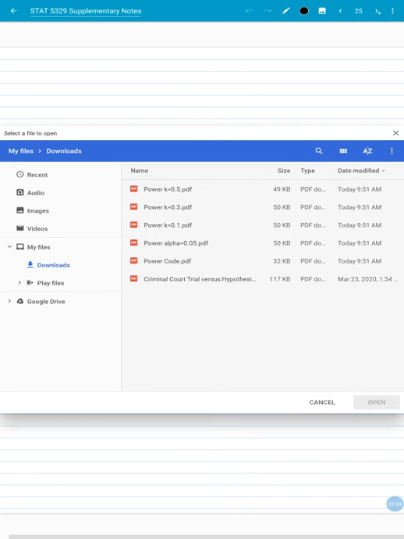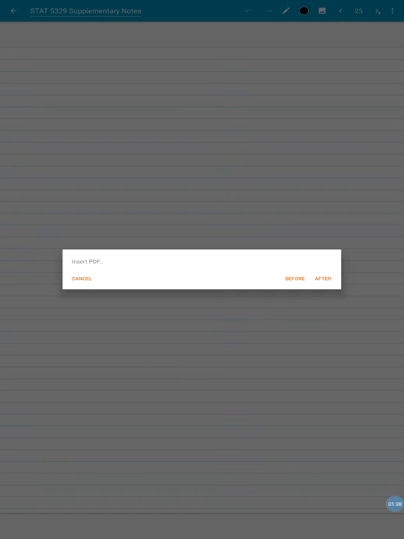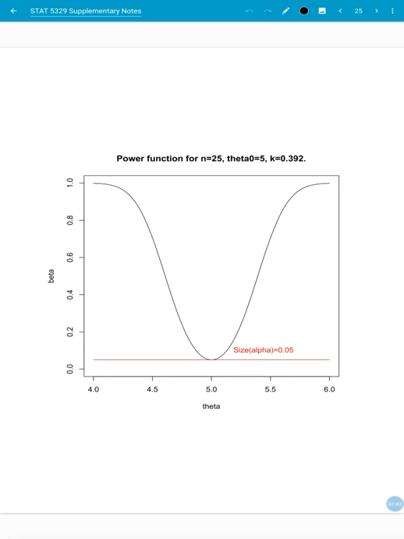See, I've got my power with alpha equals 0.05. And we'll insert before. So here we are. Notice, this is what's generated when I specify alpha equals 0.05. It's exactly what it should be, and the K that gives that to me is 0.392. And of course, it looks the same.